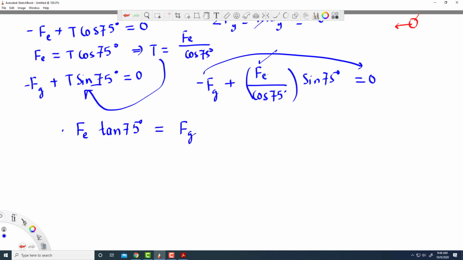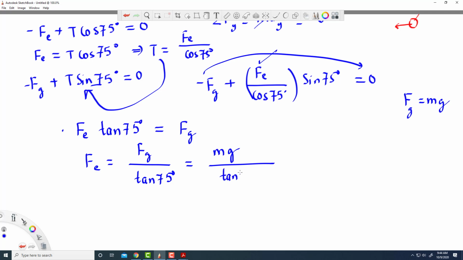Basically I have Fe, and then sine over cosine is tan, and then Fg goes to the right, and then Fe would be Fg over tan 75 degrees. And Fg, force due to gravity, we know is mass times acceleration due to gravity, so this is m times g over tan 75 degrees.